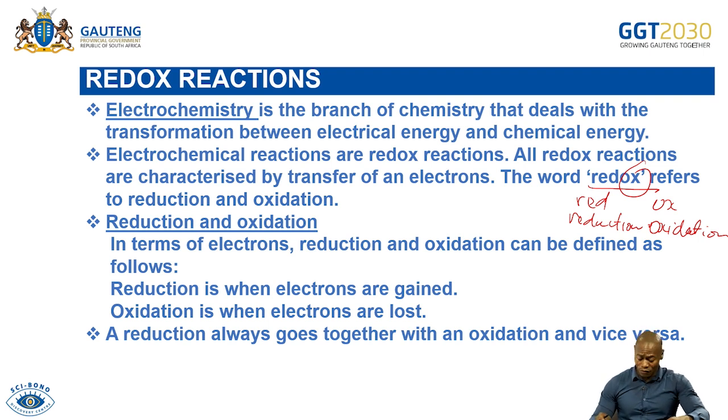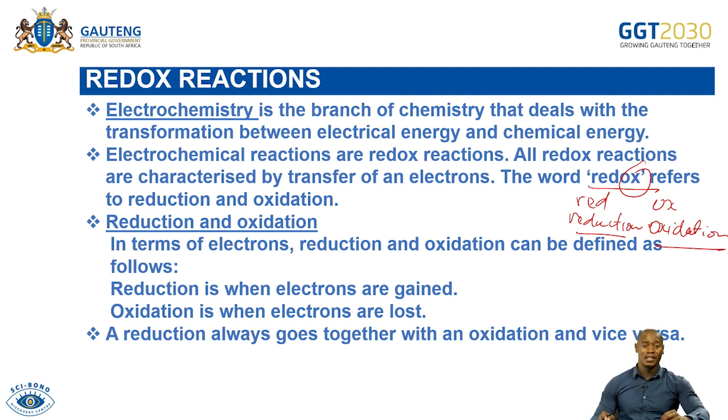Now let's focus on reduction and oxidation. When you talk of a reduction oxidation reaction or redox reaction, it's a reaction where there is transfer of electrons. We can define reduction and oxidation in terms of electron transfer, and also define oxidation and reduction in terms of oxidation numbers. In terms of electron transfer, what is reduction? Reduction is a gain of electrons. So it's when electrons are gained.